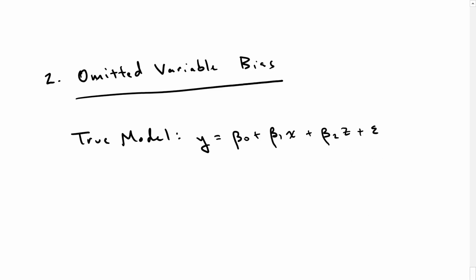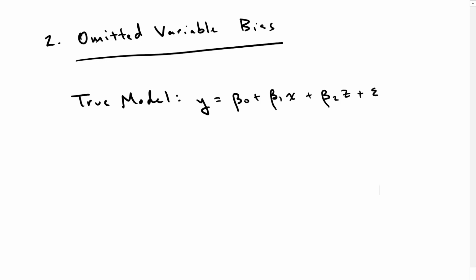Okay, but if we leave one of these out, and this could be like what we were talking about in the last video, where if you're trying to explain sales as a function of unemployment and of income, yes, unemployment and income are going to be multicollinear. There's going to be multicollinearity. But what happens if you leave one of those out?